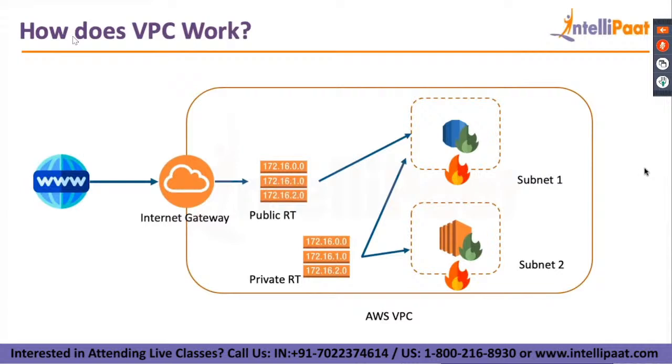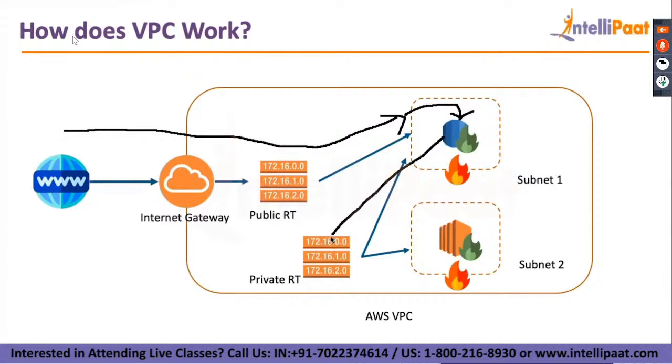So what I can do is, and observe the reaction over here, I will be able to go inside this VPC and connect to subnet 1. From subnet 1, I will be able to connect to this machine. Now from this machine, I can go through this route table and then connect to this machine. Do you understand this network architecture? From the public route table, obviously I cannot connect to this subnet because this route table does not have any details regarding this particular subnet.